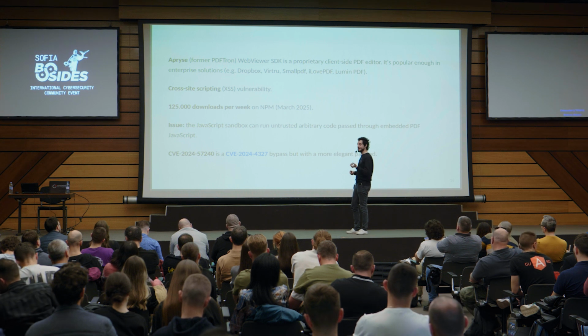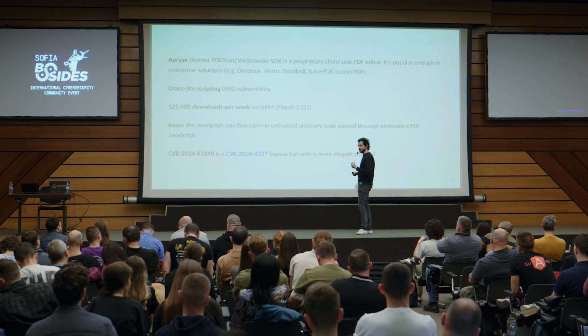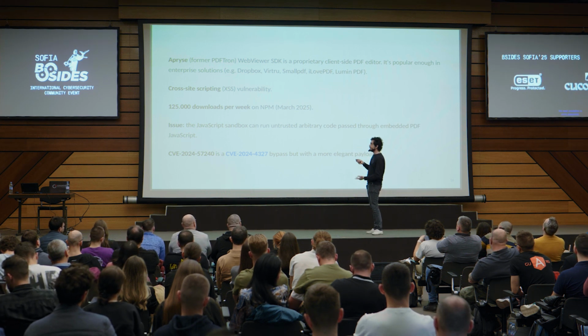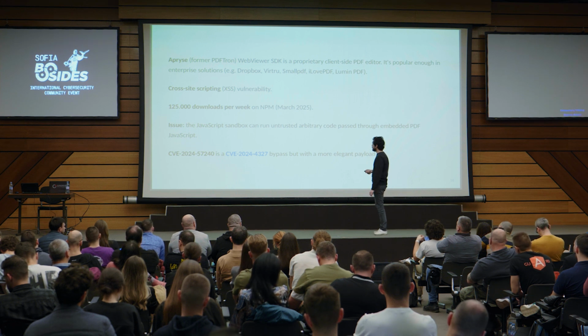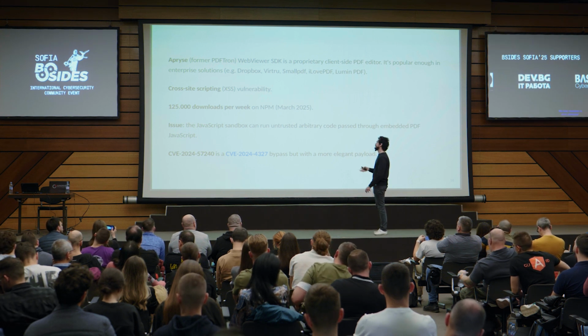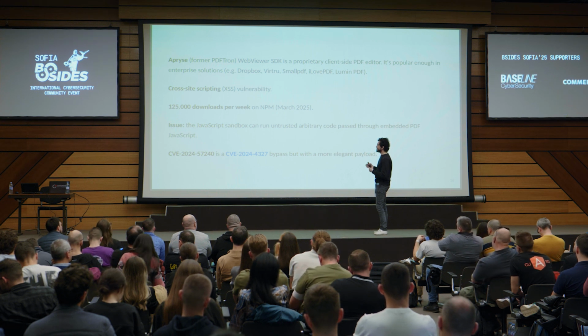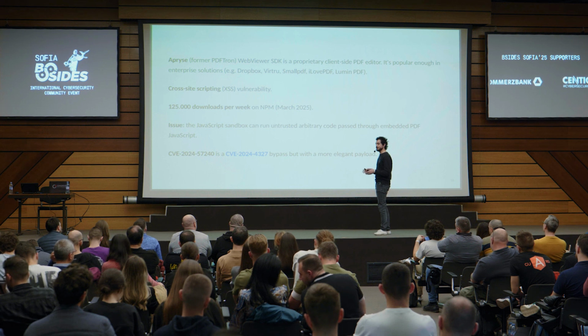So you delegate to the client operations that until 15 years ago you needed to do in the backend. It is popular enough to be a paid package in NPM, and this is a CVE, a cross-site scripting based on the JavaScript feature in PDF.